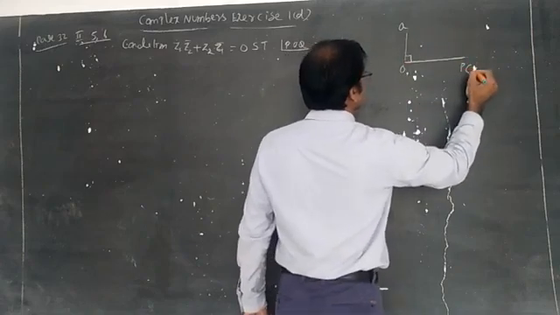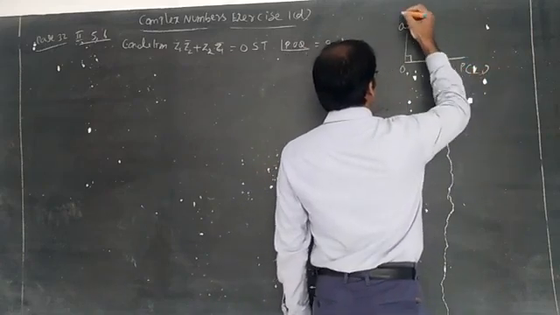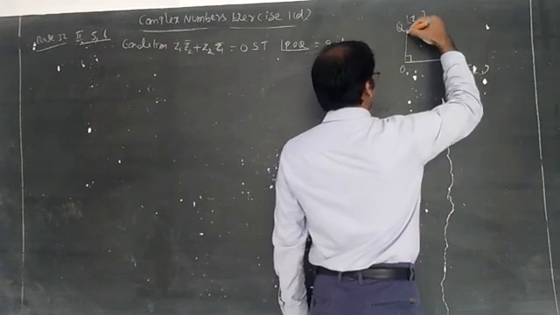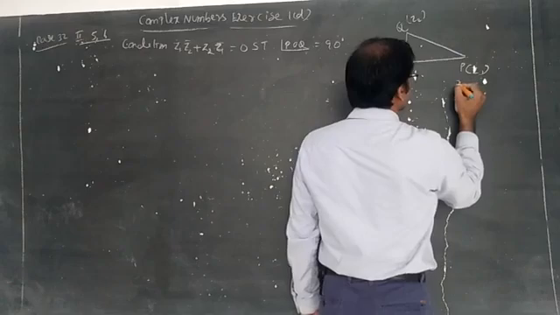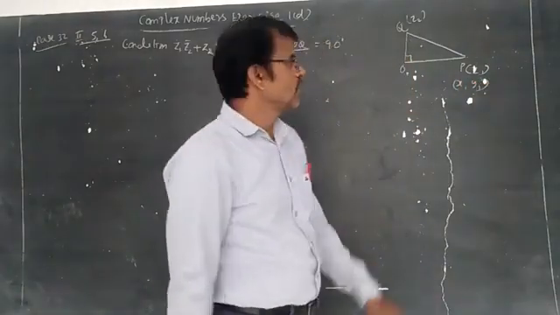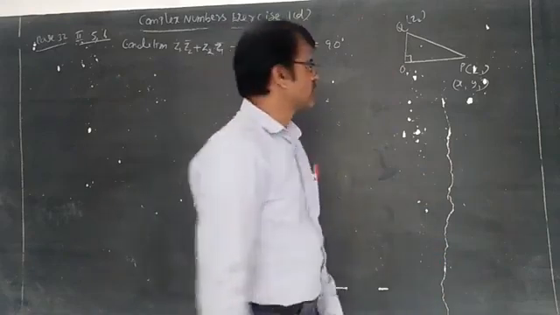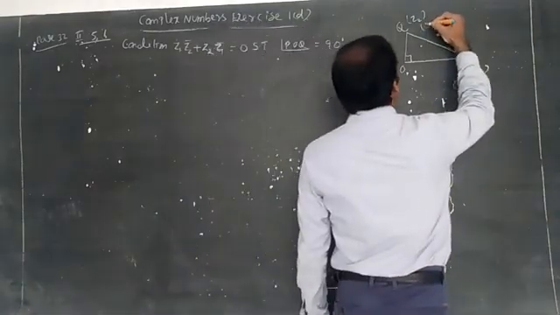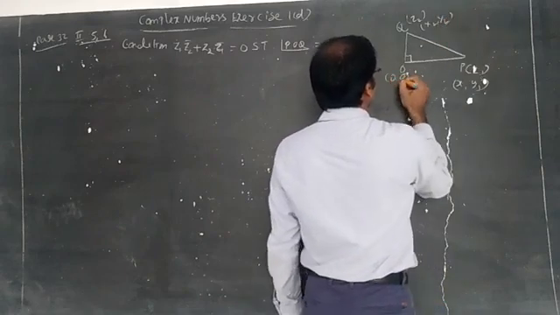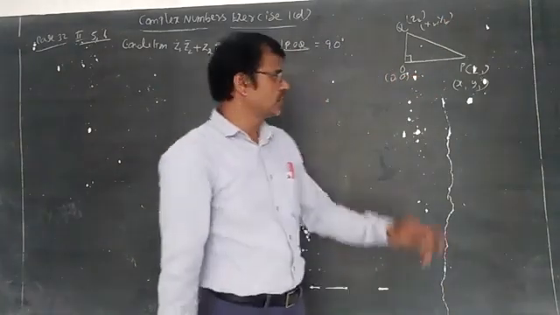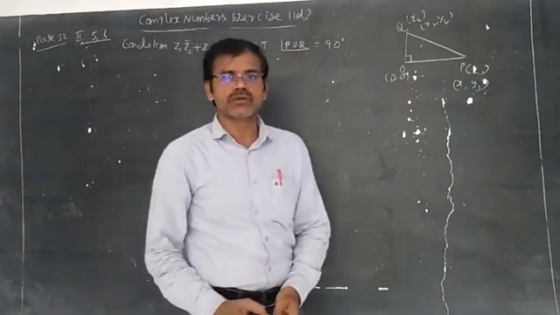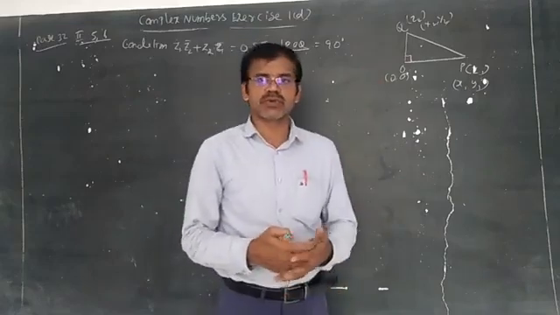Z1 is x1 plus i y1 and Z2 is x2 plus i y2, like Cartesian coordinates (x1, y1) and (x2, y2), and O means origin (0, 0). That is, slope of OP into slope of OQ is equal to minus 1. We should prove it.